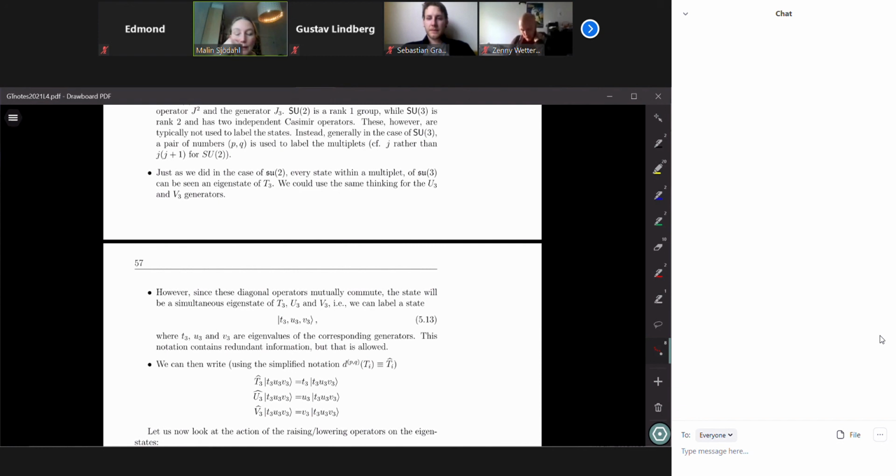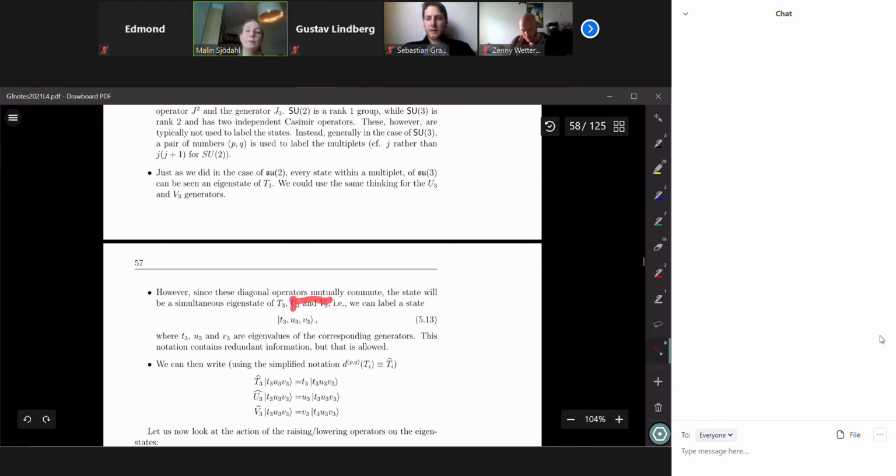Actually one thing that is a bit different and a bit redundant compared to the SU2 case is the labeling of the states. We did not count U3 and V3 as independent elements in the algebra.